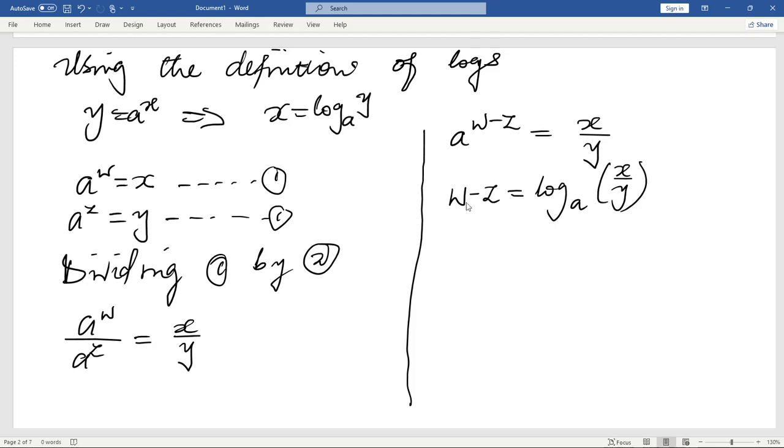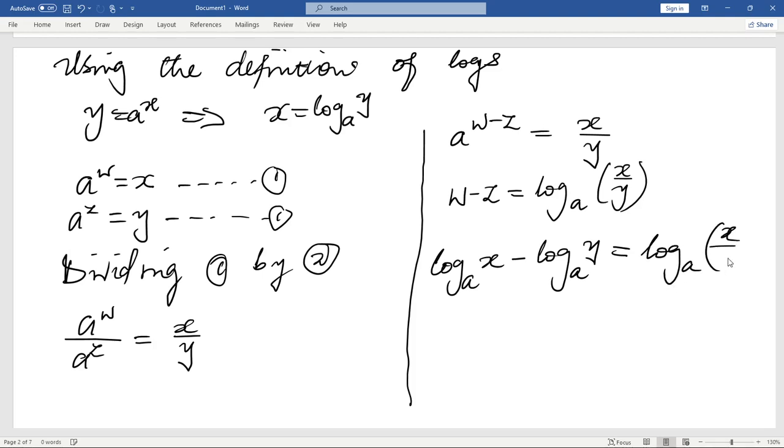So we substitute into this expression, and we have log x minus log y to the base a equal to log x over y. Once we do this, we've proved that the two expressions hold. Okay, thank you.